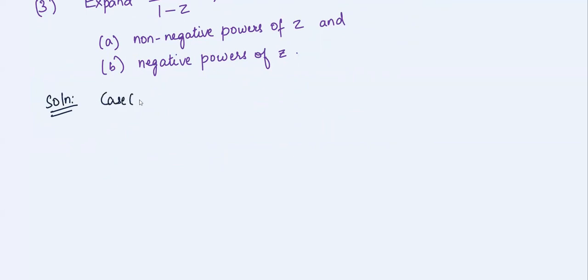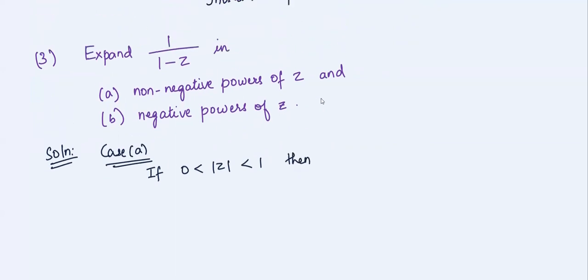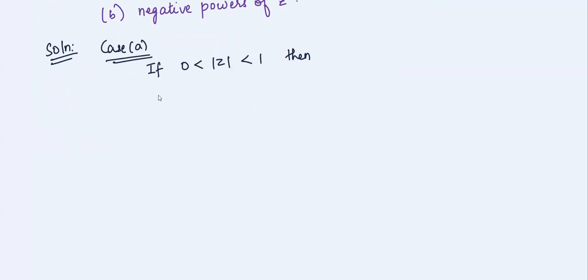So the first case: if modulus of z lies between 0 and 1, that means z takes small values, then 1 by 1 minus z can be written as 1 minus z whole power minus 1, and we write the binomial expansion.